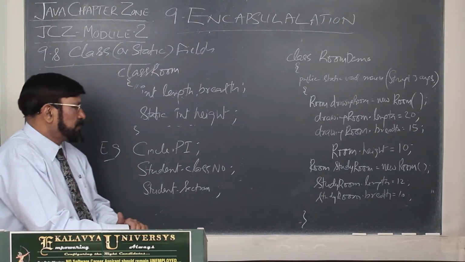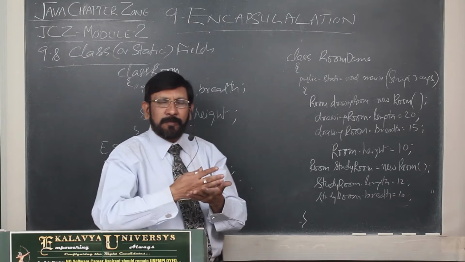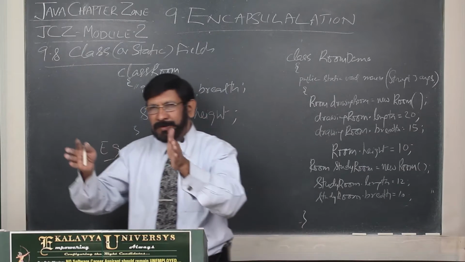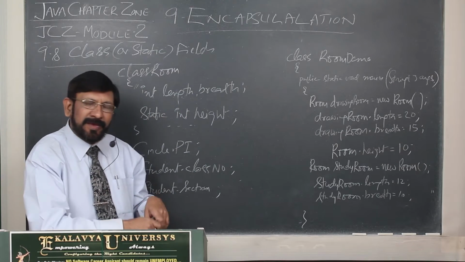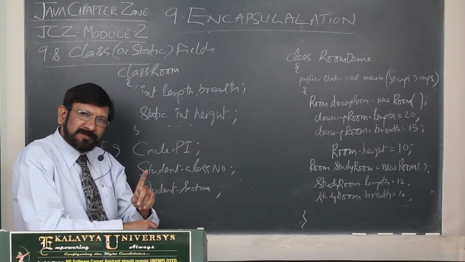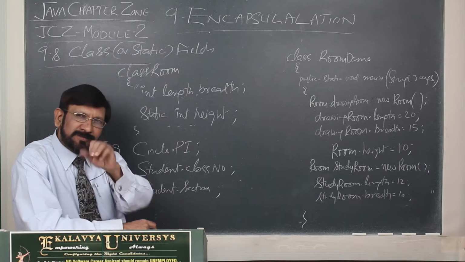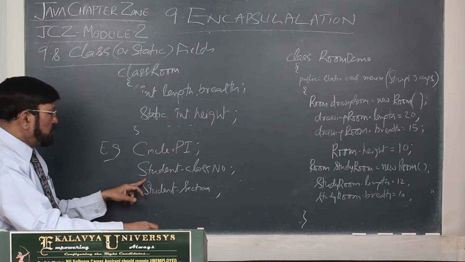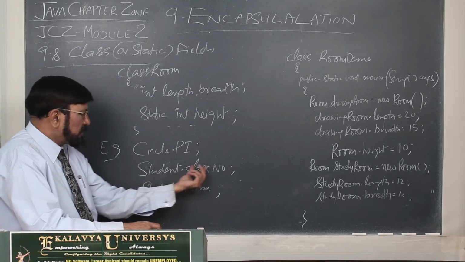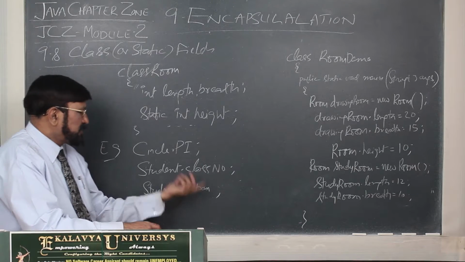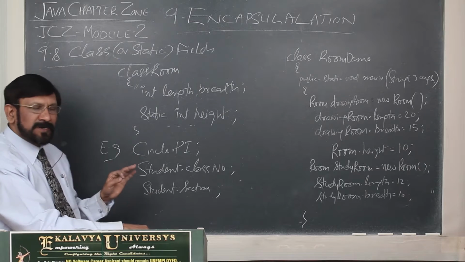You are preparing a report of the students belonging to a class, a particular section. As far as the class, like 10th class, and section A are common for all 60 students, you can declare them as static. Then student dot class number, student dot section. Understand, this prudency is very much required.